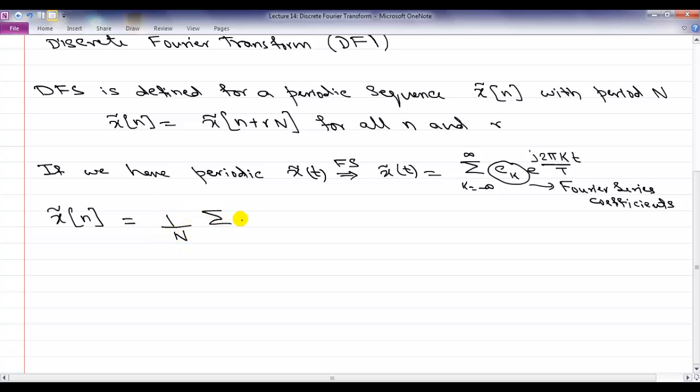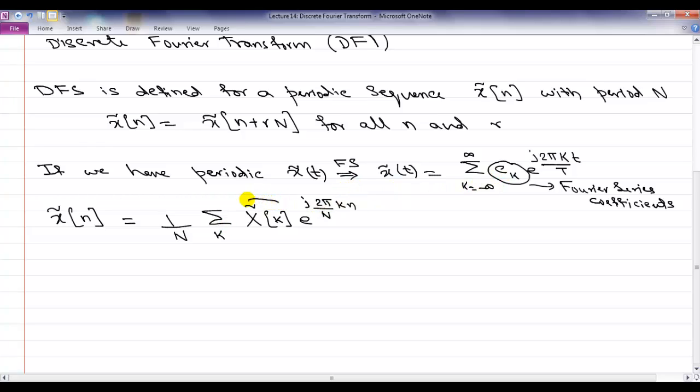a linear combination of these harmonics, which I'm going to call x tilde of k and e to the j 2 pi over n kn. And right now I'm not going to put the order of summation where it goes from. Right? It's exactly the same thing.